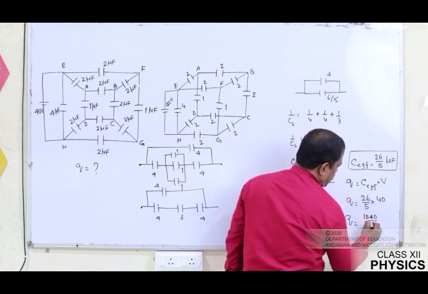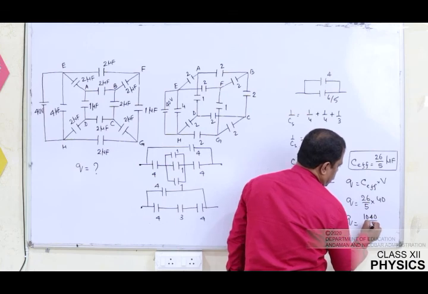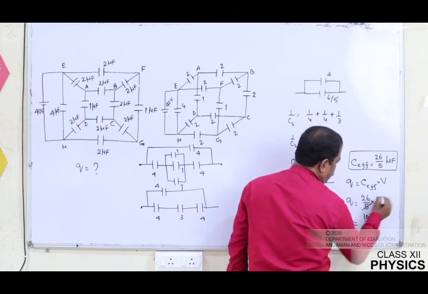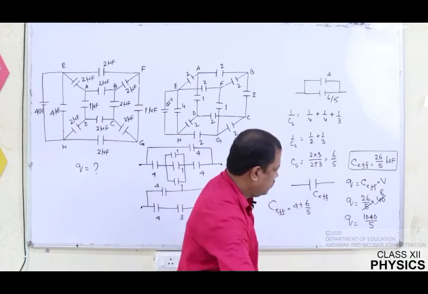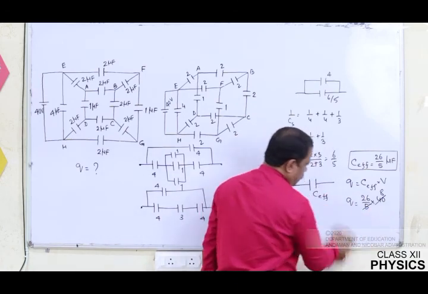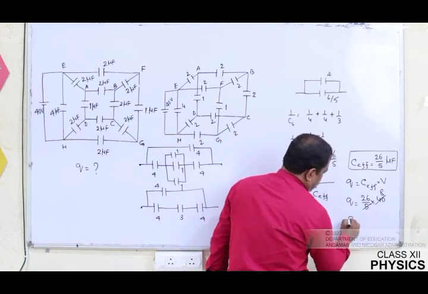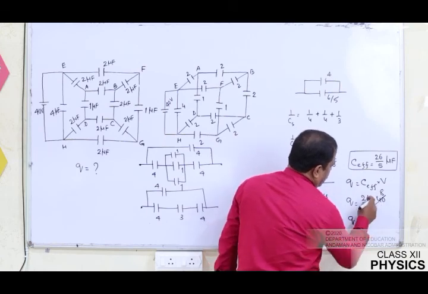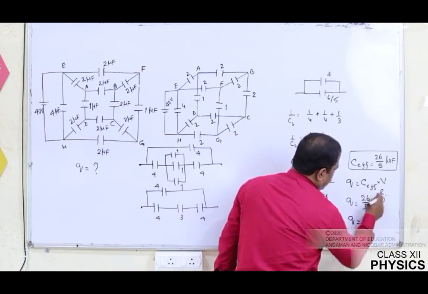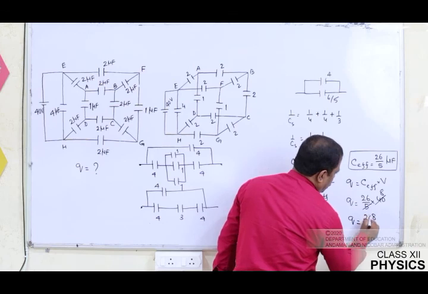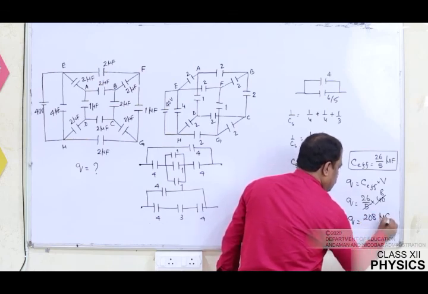Or rather I can say 5 8s are 40. Say, let's do this way, 5 8s are 40, Q is equal to 8 6 are 48, 8 2s are 16 plus 4 20, so 208 microcoulomb.